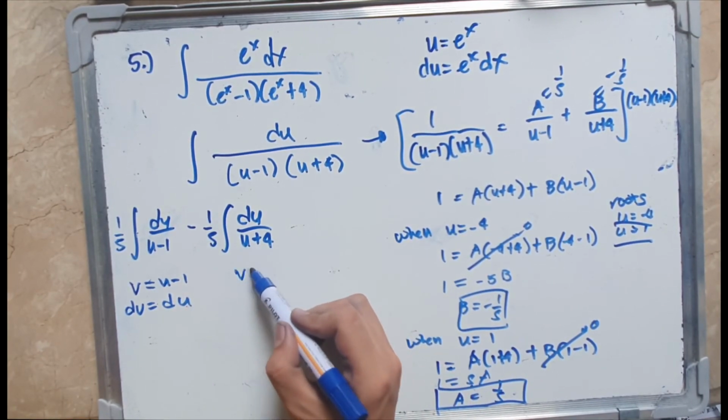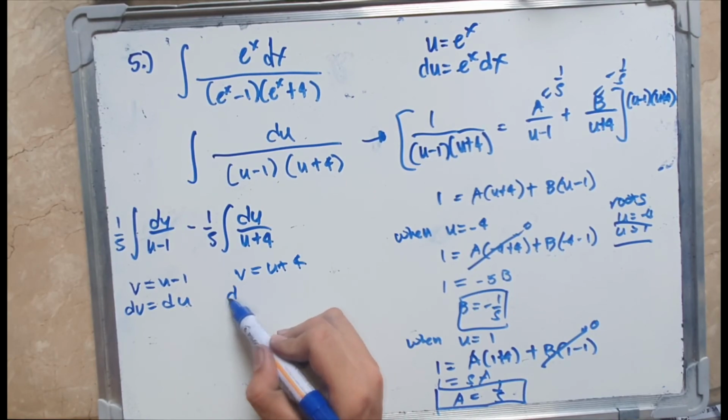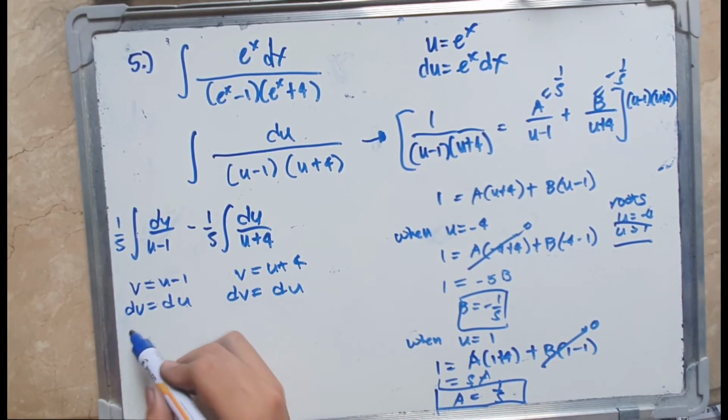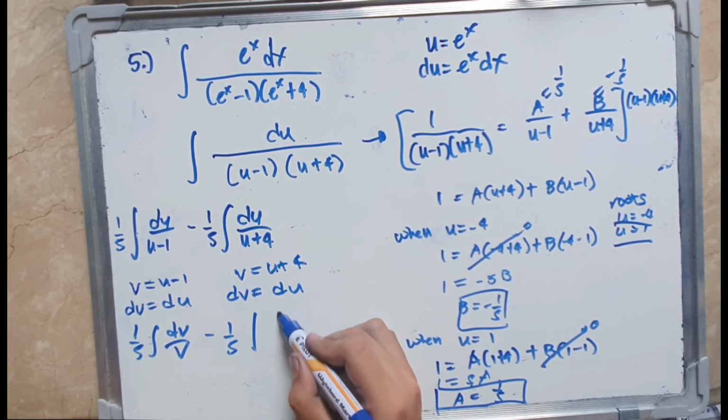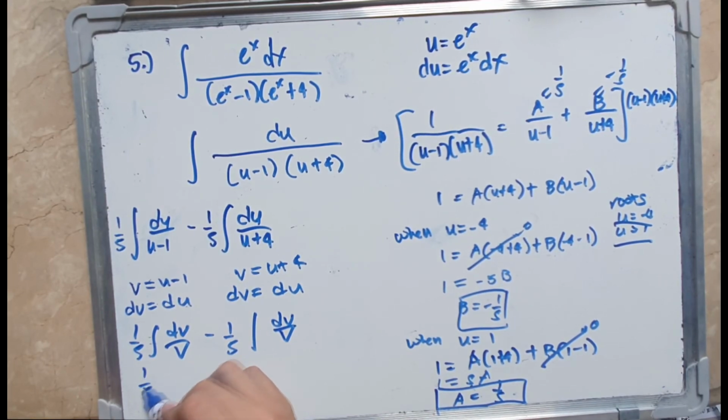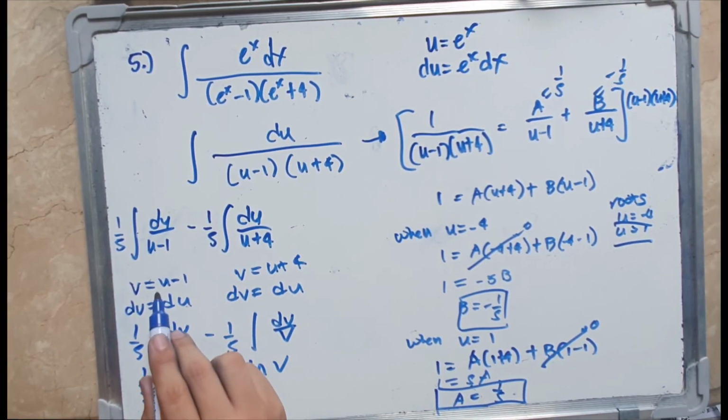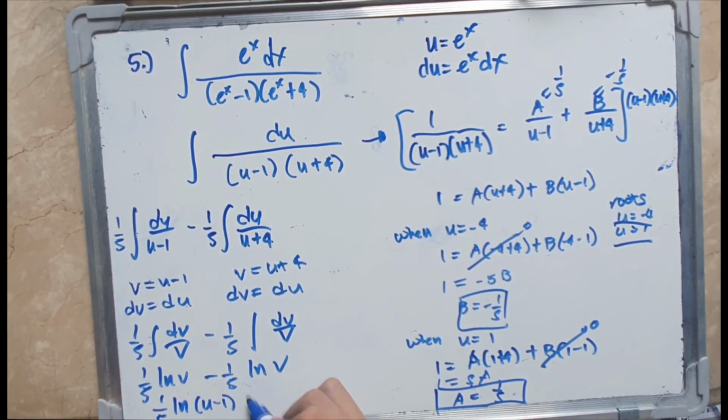Let's have v equal to u plus 4, the derivative of v, still the du. 1 over 5 integral of dv over v minus 1 over 5 integral of dv over v. 1 over 5 ln of v minus 1 over 5 ln of v. What is the v? 1 over 5 ln of the v, it's u minus 1, minus 1 over 5 ln of the v, u plus 4. But this is still in terms of u.